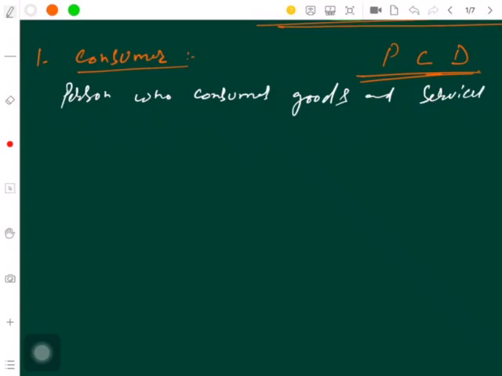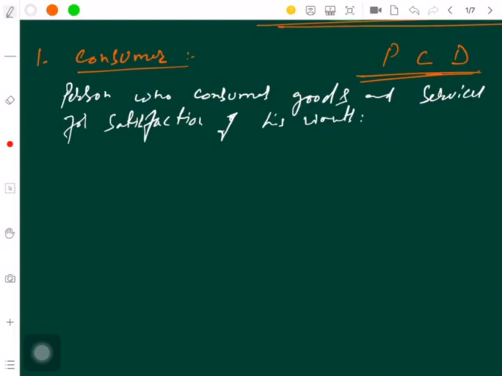So a person who consumes goods and services for the satisfaction of his wants, like Mr. X, is known as a consumer.